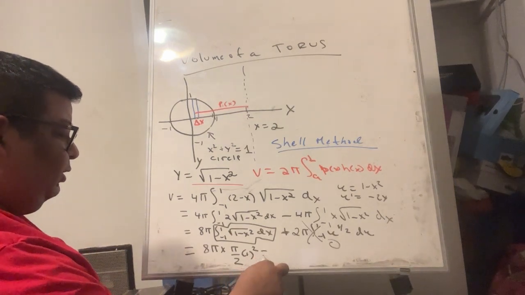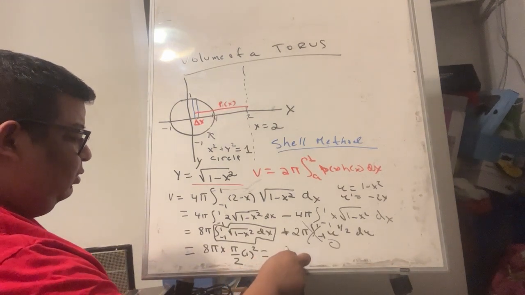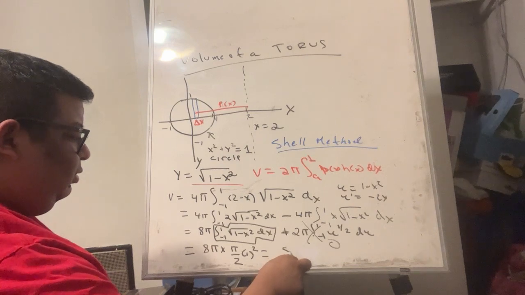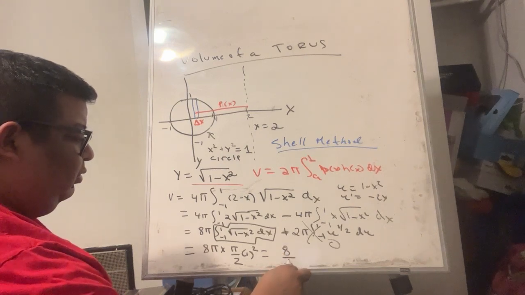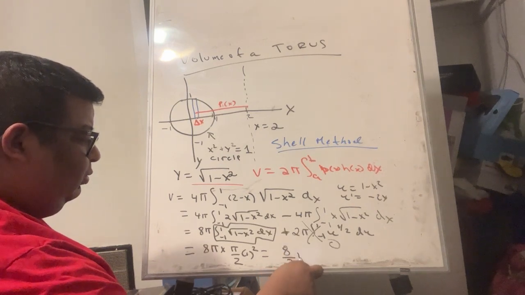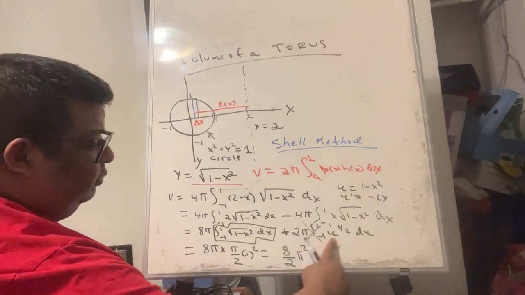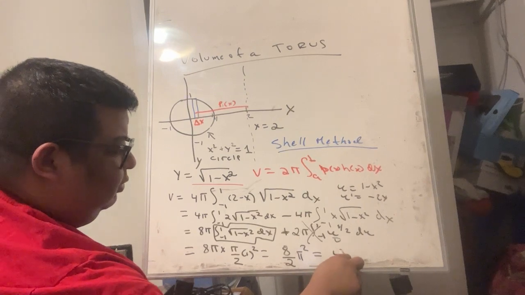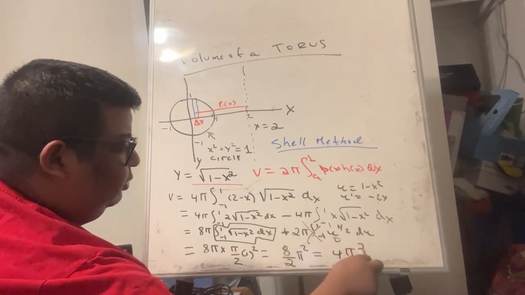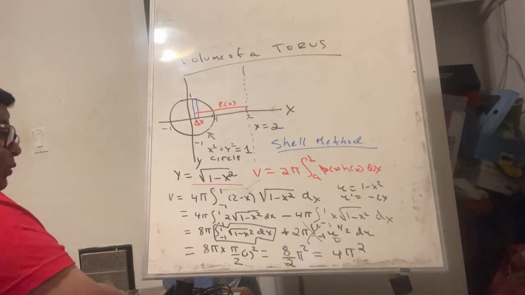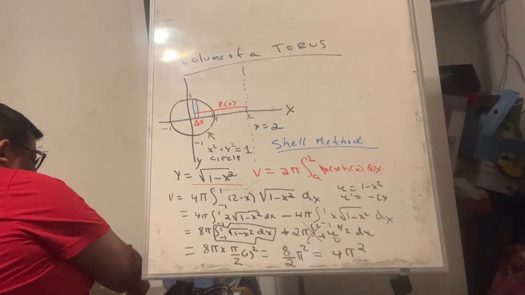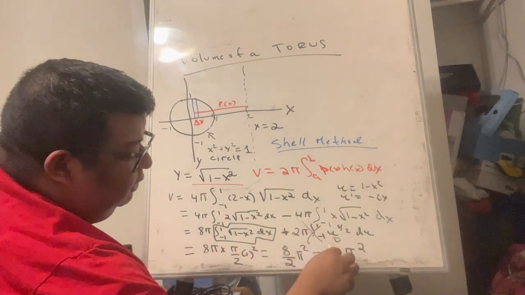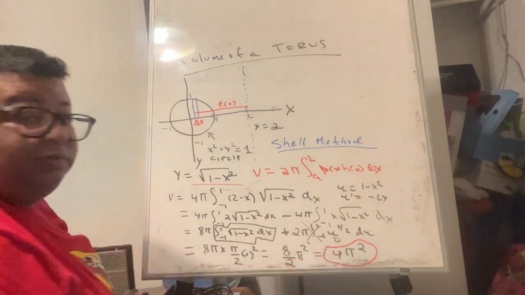So then this becomes 2 pi squared. So this is 0 here, okay, so that's equal to 4 pi squared, which is the volume that we were looking for.